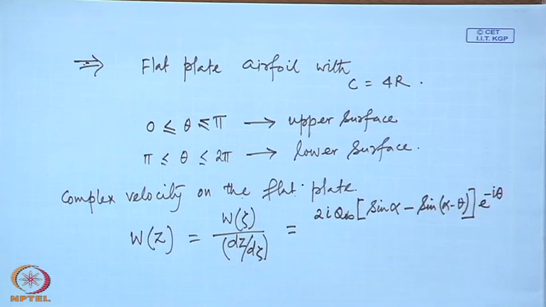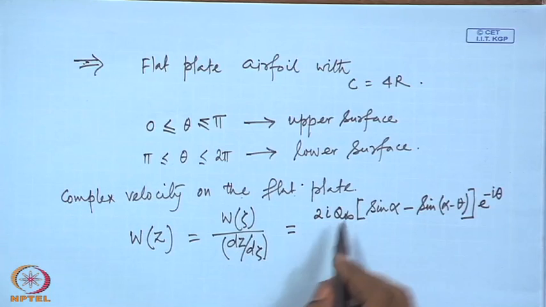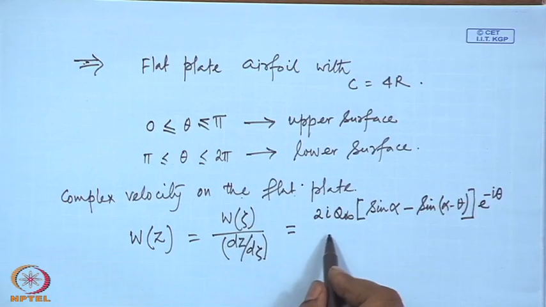Sin alpha plus beta minus sin alpha minus theta, beta is 0 here, and how much is dz d zeta?